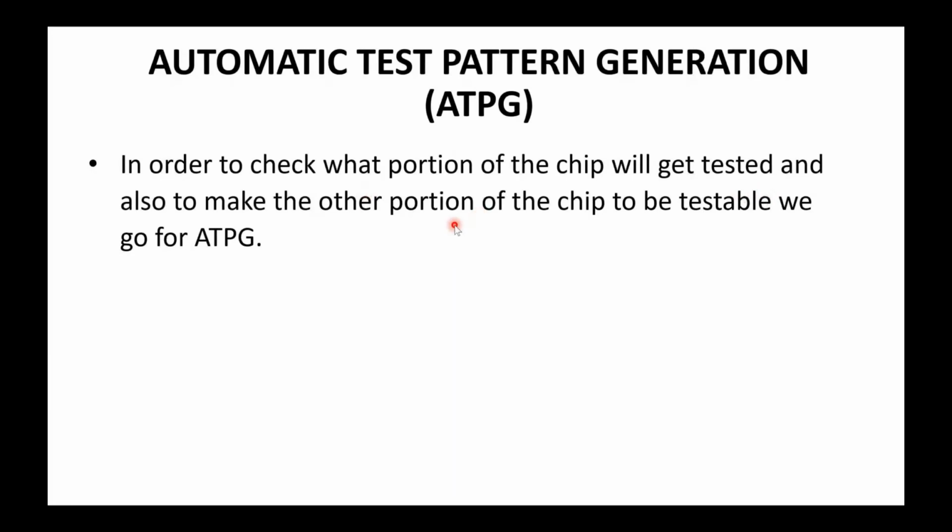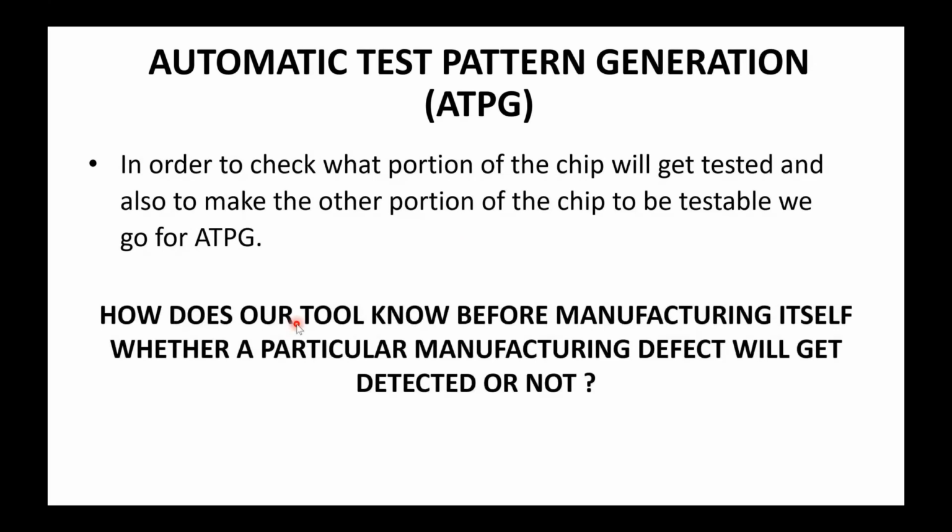In simpler words, our tool checks if a particular defect occurs after manufacturing, will it get detected or not? There will be a question like, how does our tool know before manufacturing itself whether a particular manufacturing defect will get detected or not?